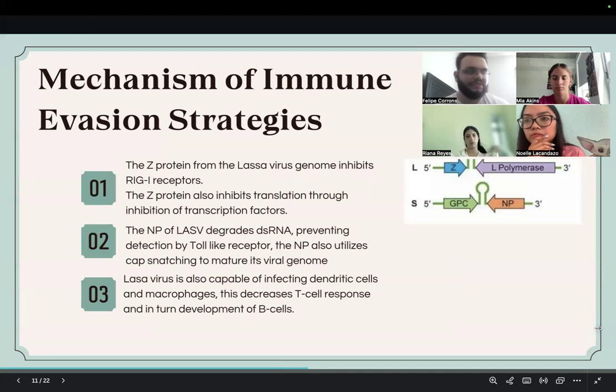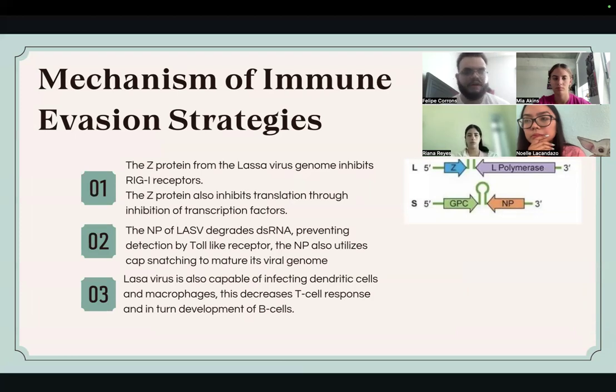So now, once it's producing its own proteins with its RNA-dependent polymerase, it's going to form multiple different proteins. Most importantly, the NP protein is very useful in evading the immune system, since we have very few things that are capable of detecting double-stranded RNA once inside of the cytoplasm.